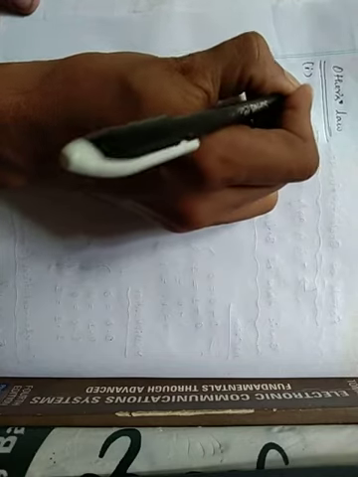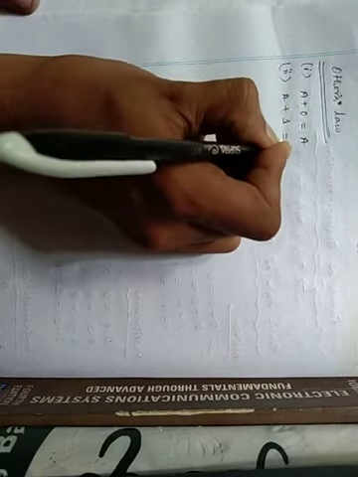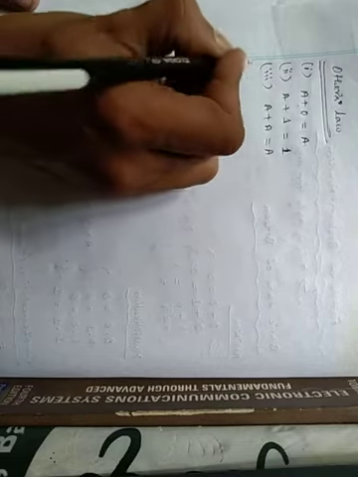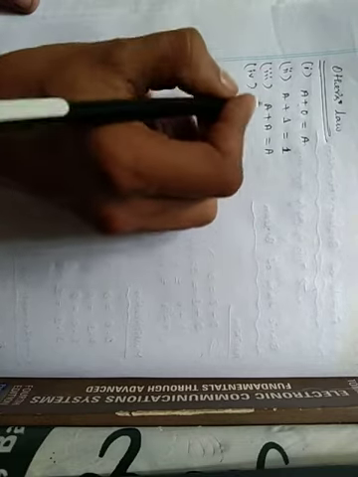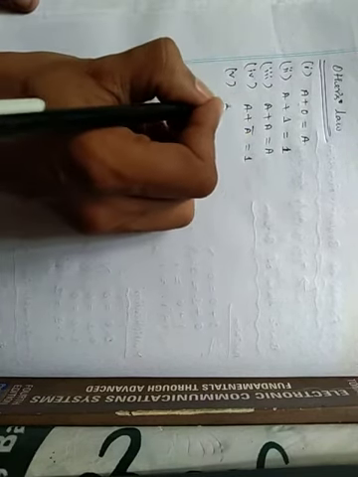Now the other laws of Boolean function. A plus 0 equals A. A plus 1 equals 1. A plus A equals A. A plus A bar equals 1.